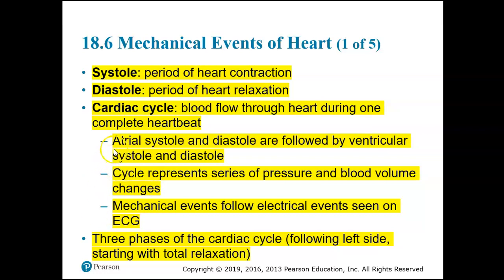Now, during the cardiac cycle, atrial systole and diastole, that means atrial contraction and relaxation, are followed by ventricular systole and diastole. So ventricular contraction and relaxation. The cycle represents a series of pressure and blood volume changes, and the cardiac cycle consists of mechanical events following the electrical events seen on the EKG.